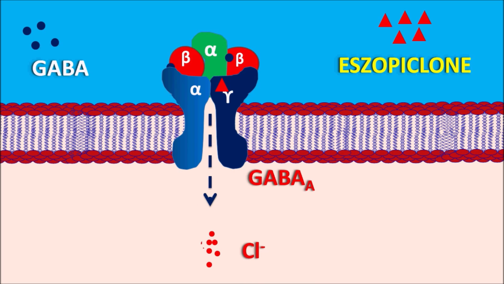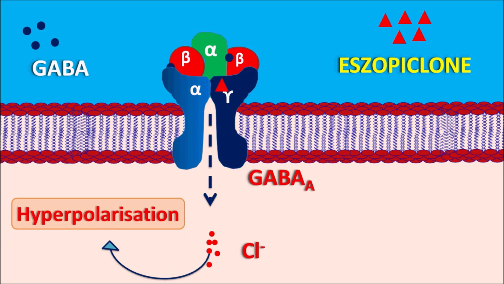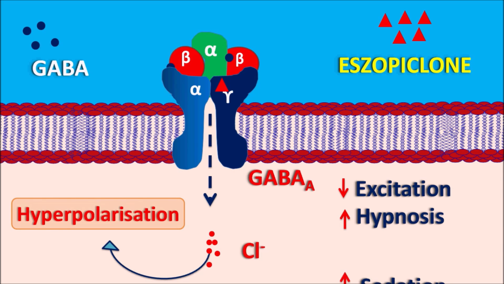So chloride ions can enter the cell, resulting in hyperpolarization, because chloride ions are negatively charged. This hyperpolarization reduces the excitation of the cell membrane, and it increases hypnosis and sedation in the patients. In this way, S-Zopiclone is mainly used as a hypnotic drug, and it can induce sleep in the patients.